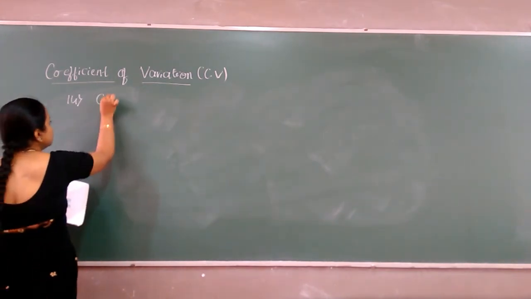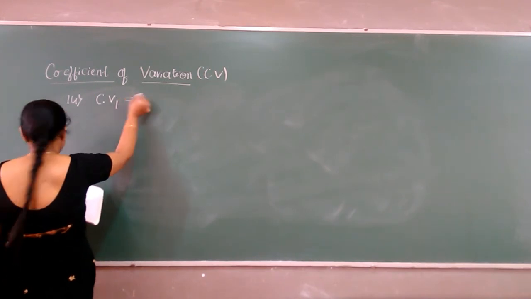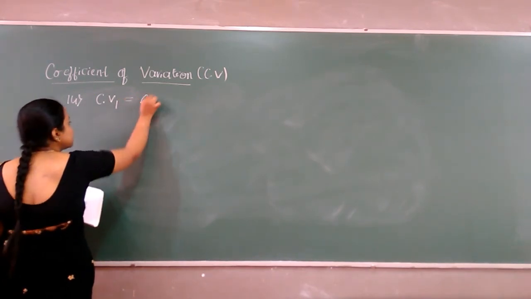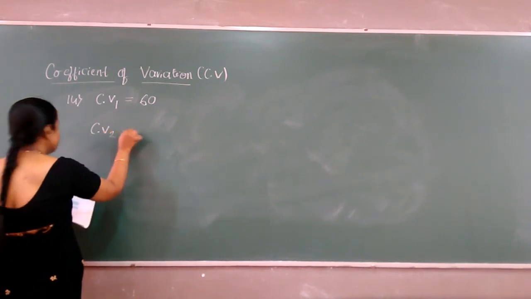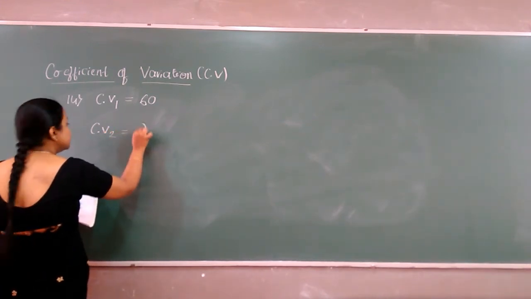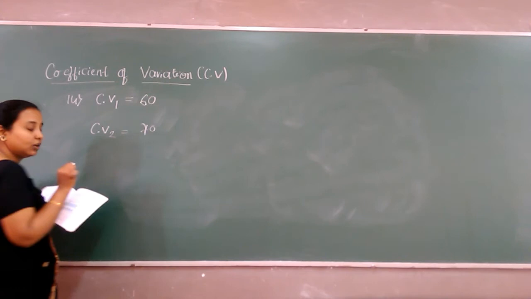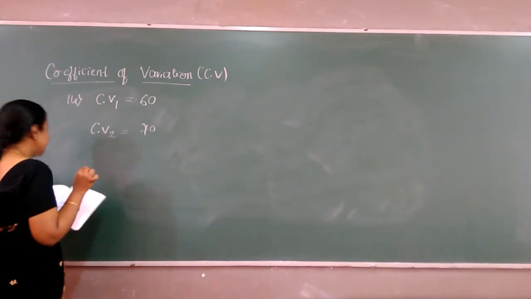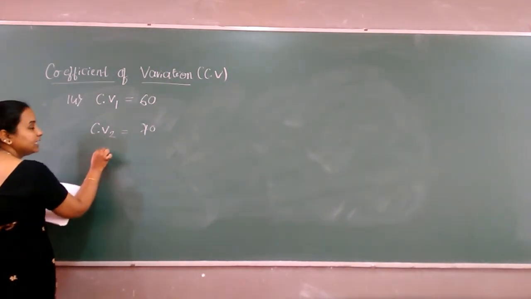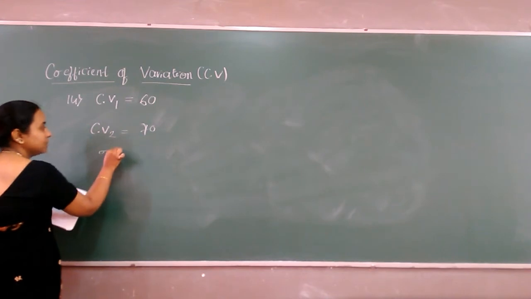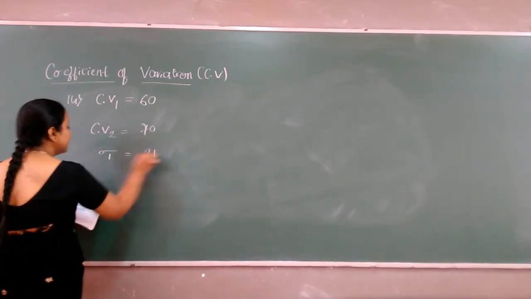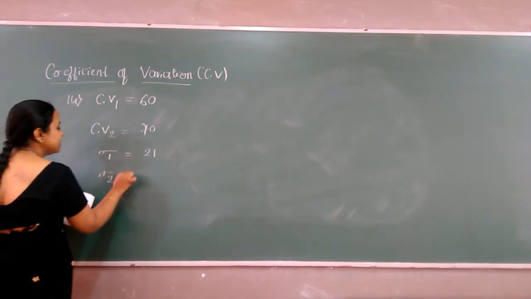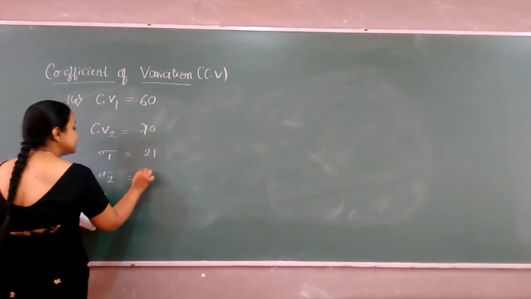So the coefficient of variation of the first distribution is equal to 60, and the coefficient of variation of the second distribution is equal to 70. And their standard deviations, how do we denote the standard deviation? Sigma of the first distribution is 21 and the standard deviation of the second distribution is 16.